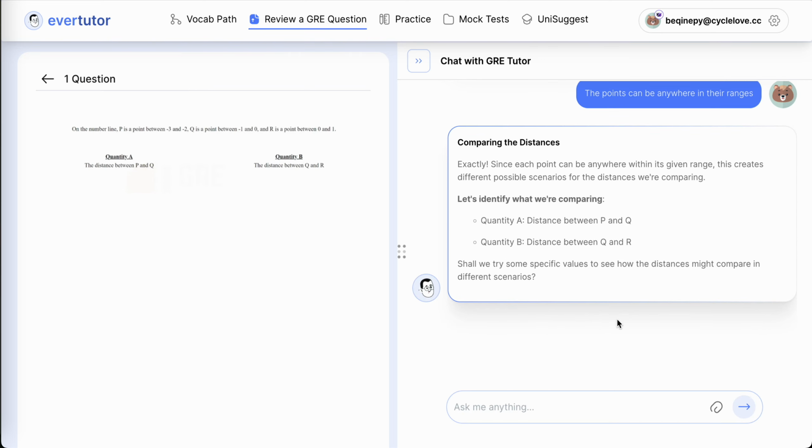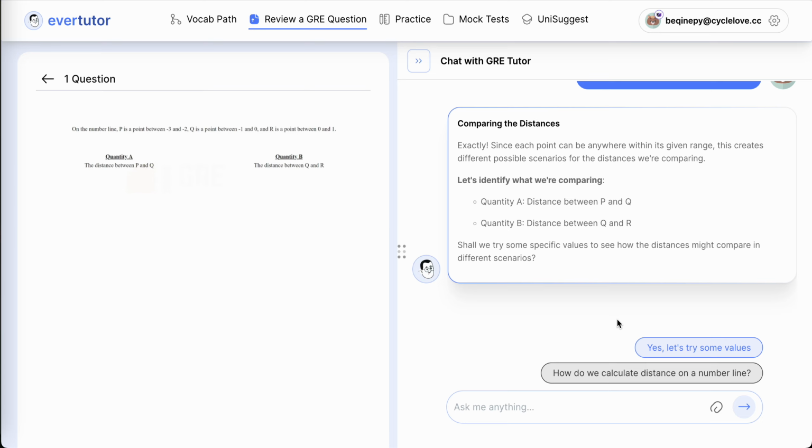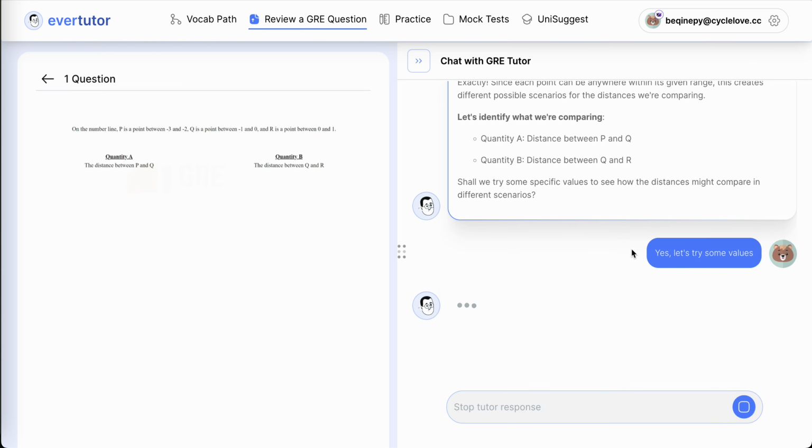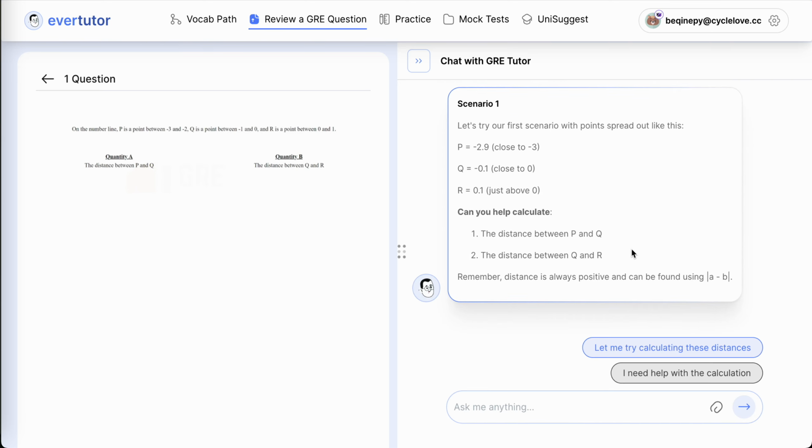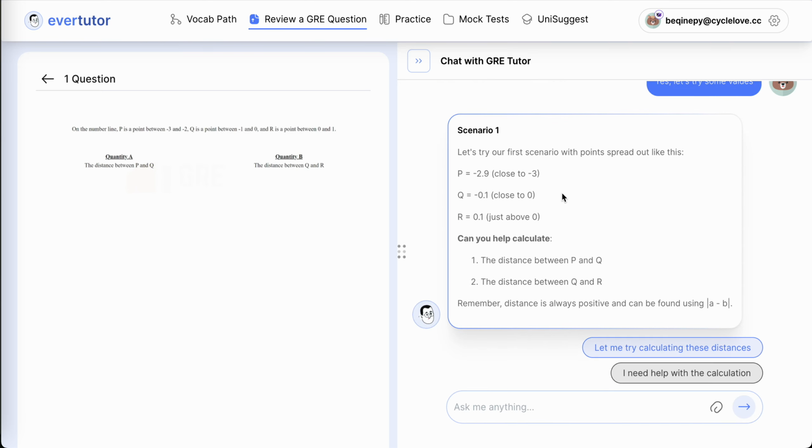So now what we'll do is we'll try to create some scenarios. We have to calculate the distance between P and Q and the distance between Q and R. So let's take case 1 in which P is near the lower bound, that is -2.9.